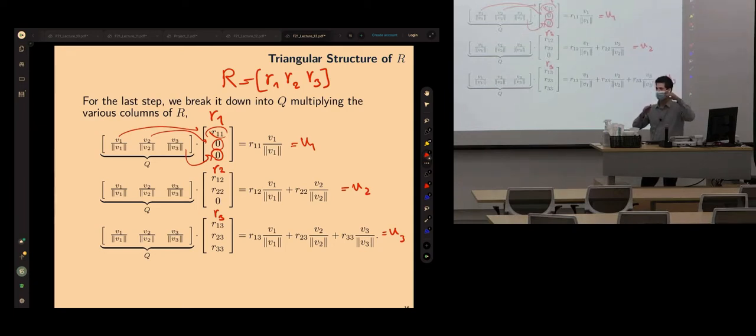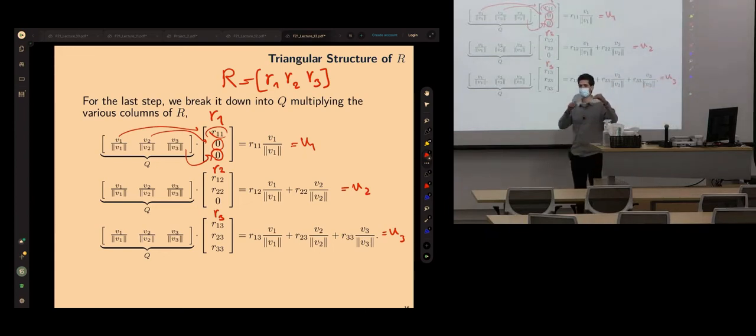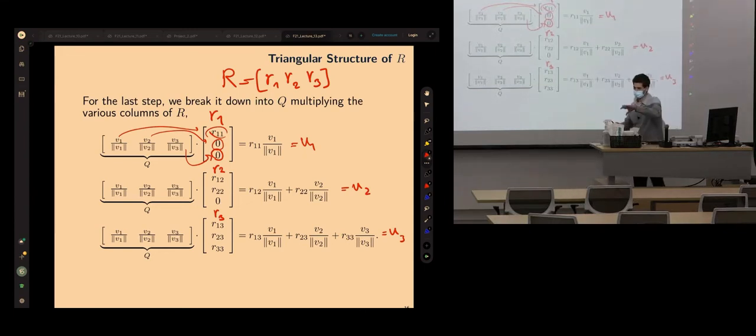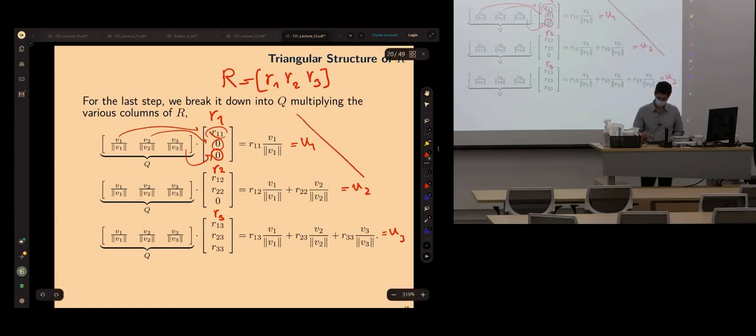As you move down to the last column, every time you add a new vector, it forms this triangle structure for the coefficients. And then when we put them in a matrix, we get R. So that's how we can prove that R is triangular always, just because of this triangular structure of the Gram-Schmidt process.